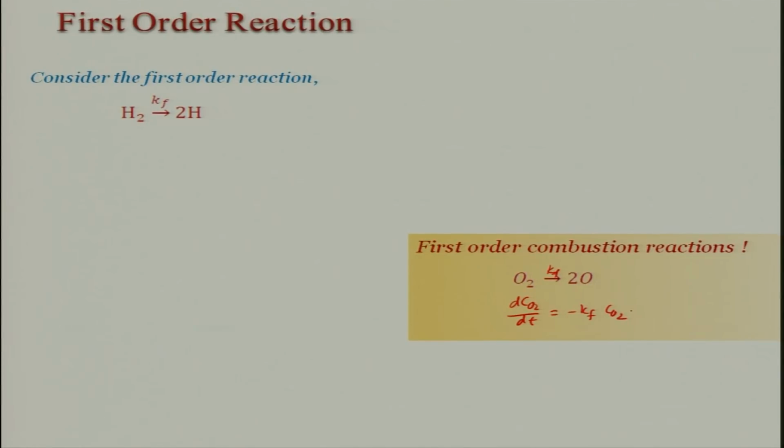Similarly you can consider H2 going to 2H, for which the reaction rate will be dCH2 divided by dt equal to minus Kf CH2, and that you can also write equal to half dCH by dt, right. And keep in mind H2 is being consumed, therefore there is a negative sign, and H is being produced, therefore this is a positive sign, right.